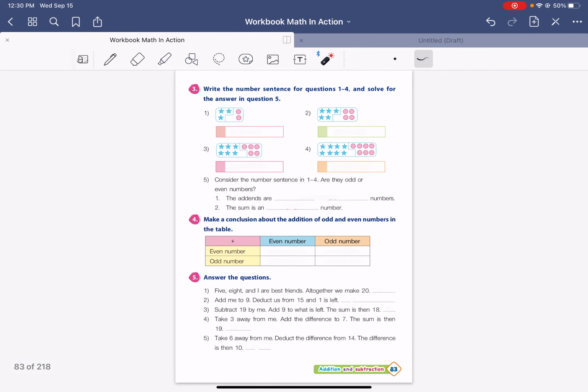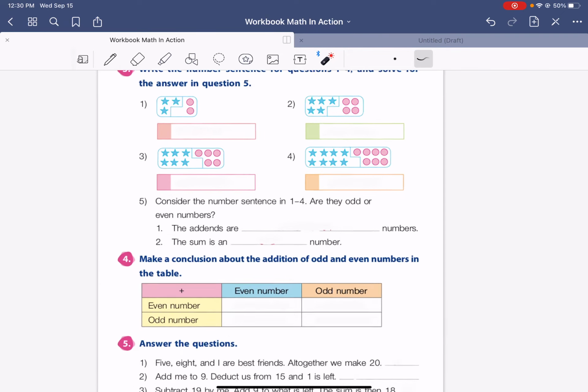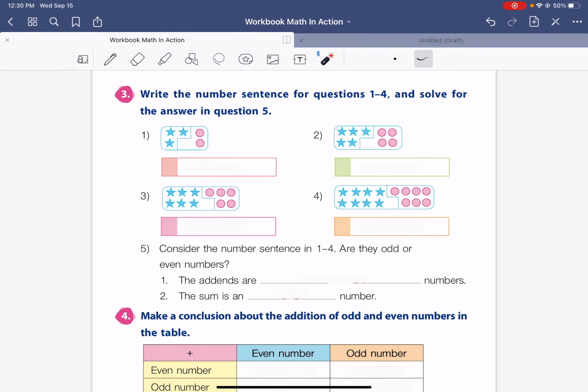All right, next one, page 83. Again, we're going to do it again. Write the number sentence for questions 1 to 4 and solve for the answer in question 5. So, here we have 3 plus 2 equals 5.